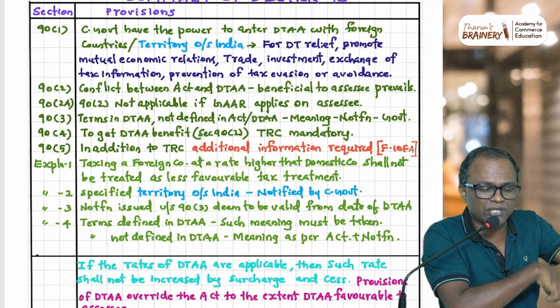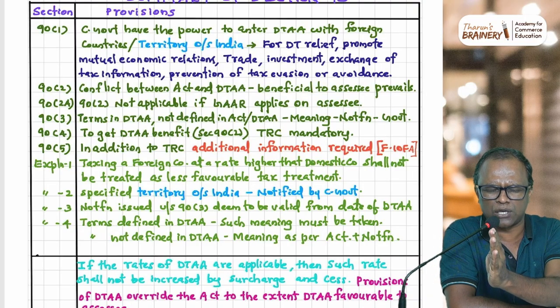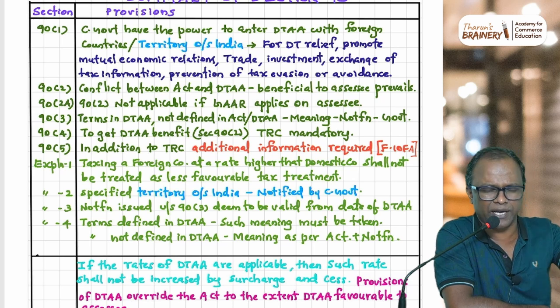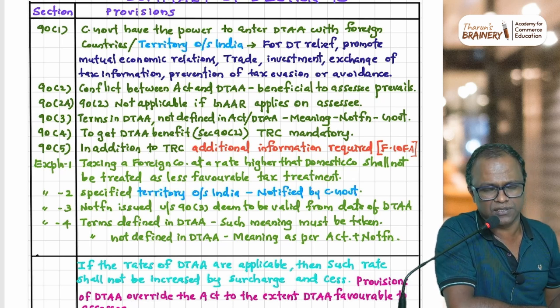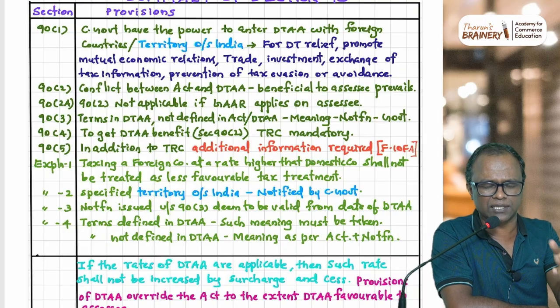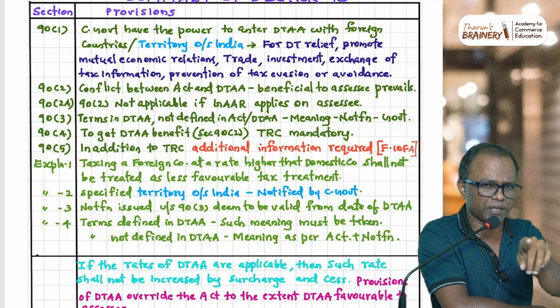Even though this notification was put in 2005, it will be deemed to be valid from 1995, the original date on which the DTA agreement came into effect. So even though the meaning was assigned later on, it will have a retrospective effect. Accordingly, if a person wrongly availed any benefit, you have to pay tax.